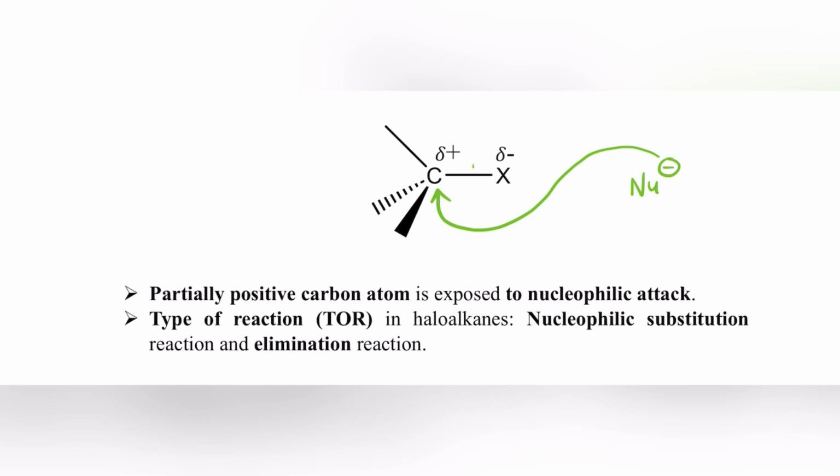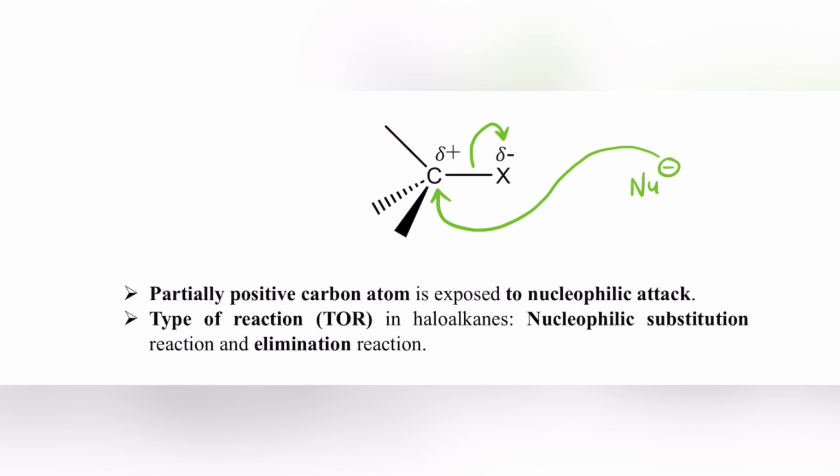Dan seterusnya, this bond akan beri sepenuhnya elektron kepada X. So di sini, you can understand that the type of reaction that exists in haloalkane can be nucleophilic substitution reaction dan juga elimination reaction. A bit special for haloalkane, dia ada 2 type of reactions yang awak perlu tahu.